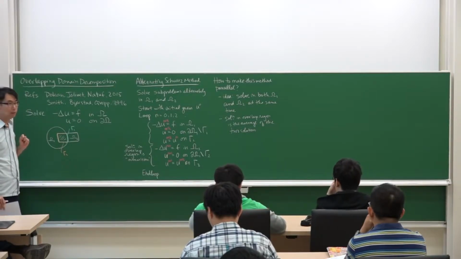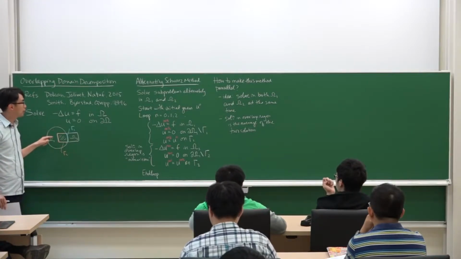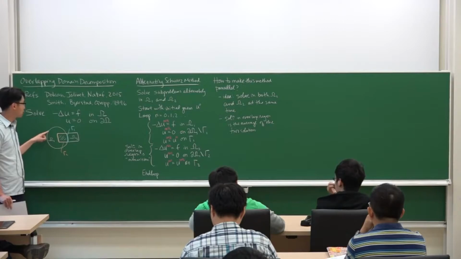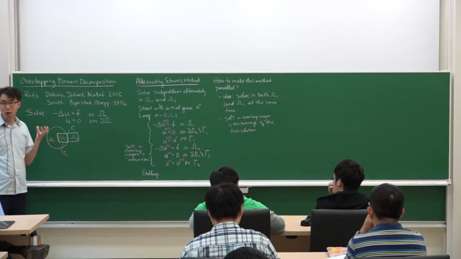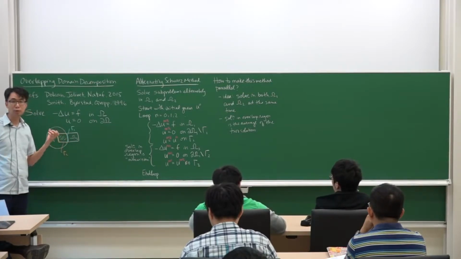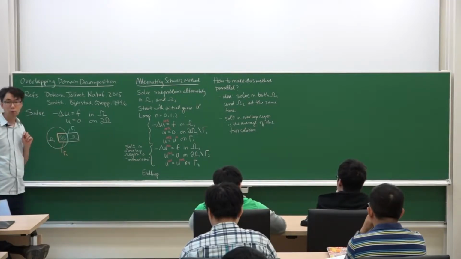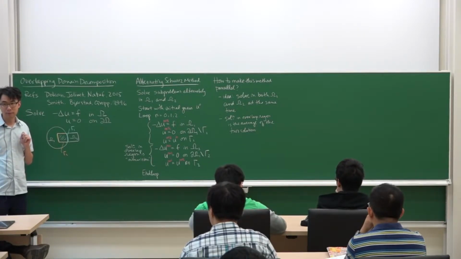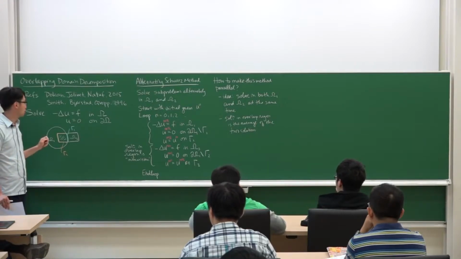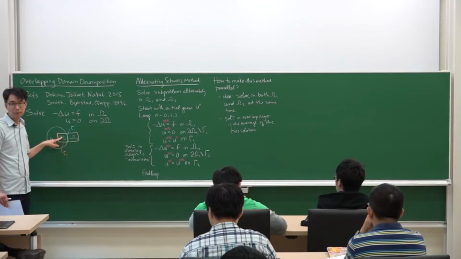And then you keep repeating that, except that the first subdomain maintains its own solution, and the second subdomain's own solution is maintained. In other words, we never try to construct a global solution, which is, we never have to agree on what the solution is in the overlap region.